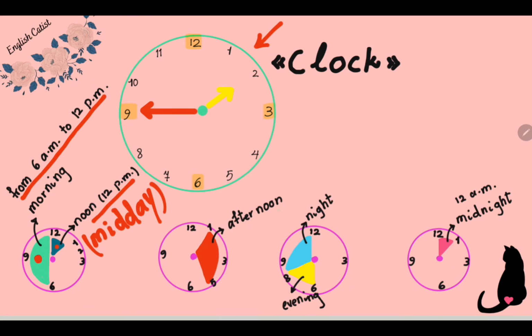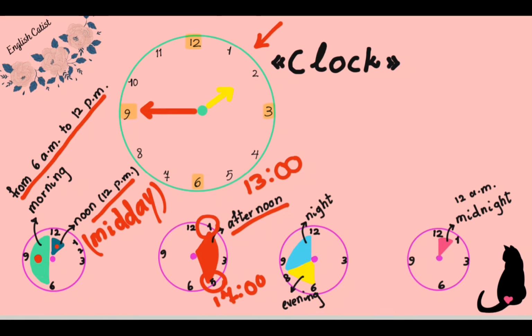And this part is afternoon. Afternoon is from 1 p.m. to 5 or 6 p.m. Okay, we call this afternoon. After that, we have this part, yellow part.